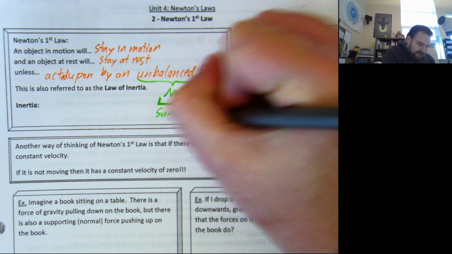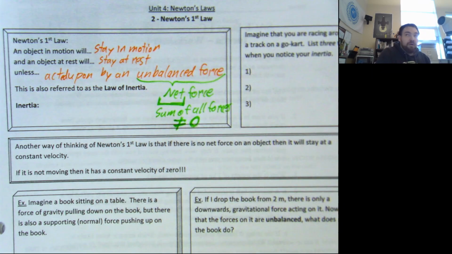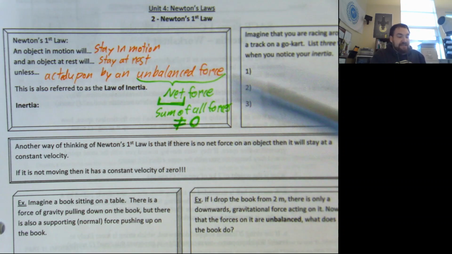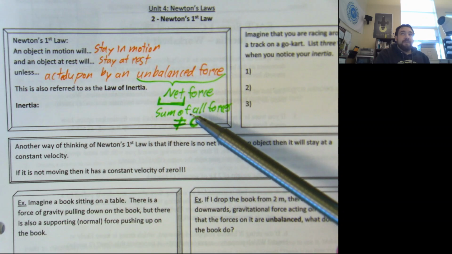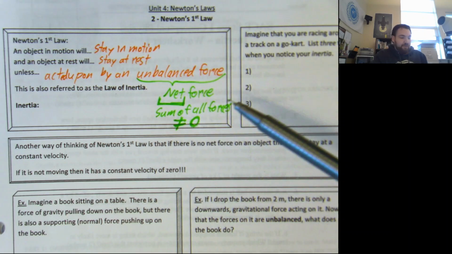The sum of all forces is not equal to 0. If you add up all the forces and they're not equal to 0, you have a net force, whatever that is. In some cases, it's going to be the difference between applied and friction. In other places, it'll be the difference between gravity and tension, or elastic force and gravity. It could be any sum, but for there to be a net force, you're going to have a non-zero sum of all the forces.